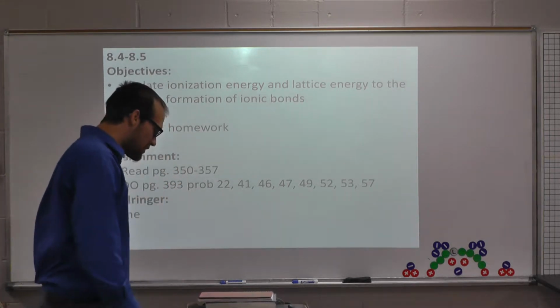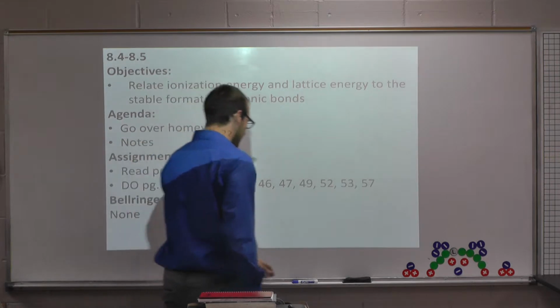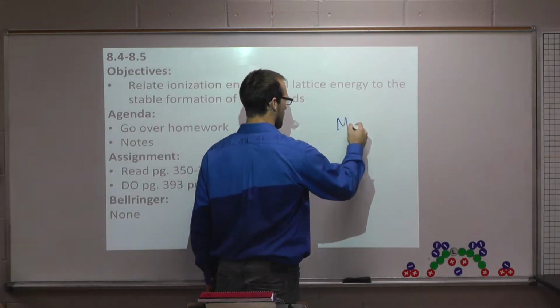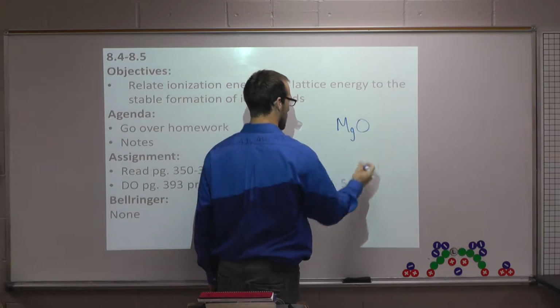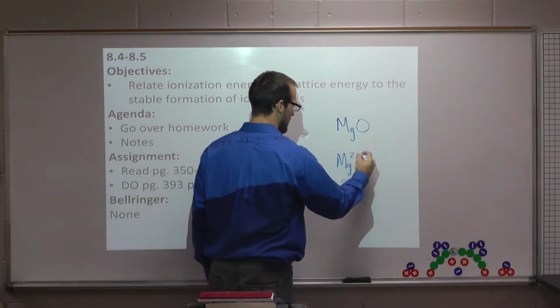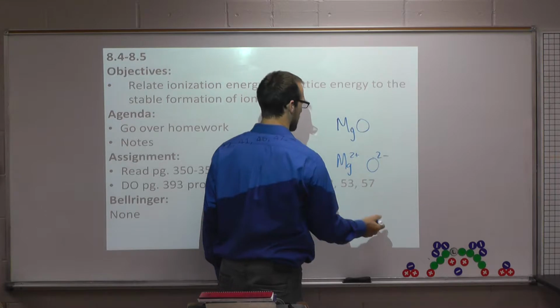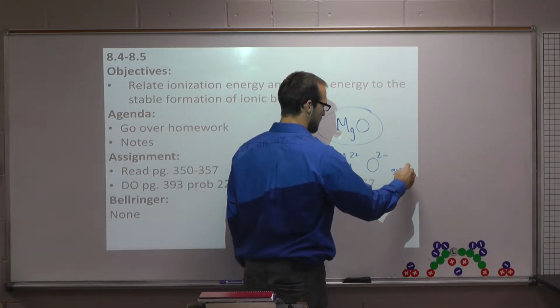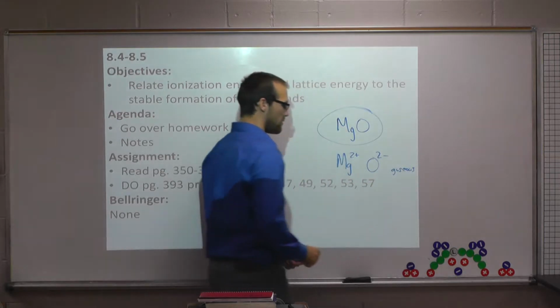So, just making you aware that when we're talking about ionic compounds, we're talking about them in their solid state. For example, when Mg bonds with O, you've got your Mg2+ ions and your O2- ions. This is stable, but this in the gaseous state is not stable.